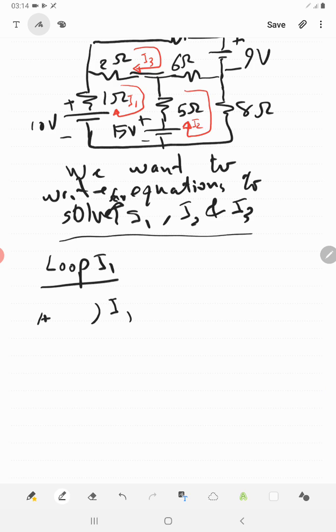So we say 1 plus 2 plus 5 times I1. Now, I1 shares with loop I2 through the 5 ohms resistor, so we say minus 5 I2. And it shares with I3 through the 2 ohms resistor, so we say minus 2 I3.